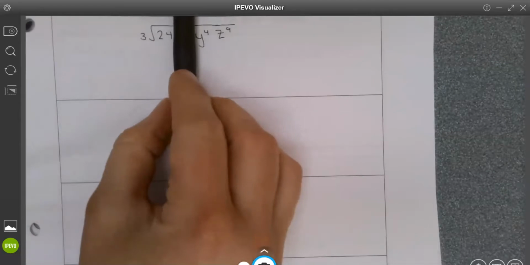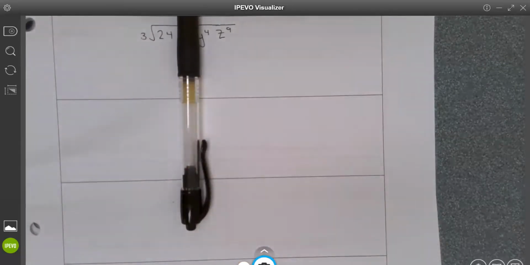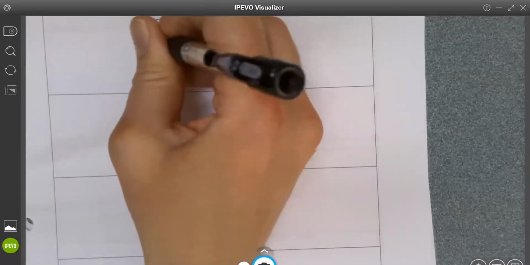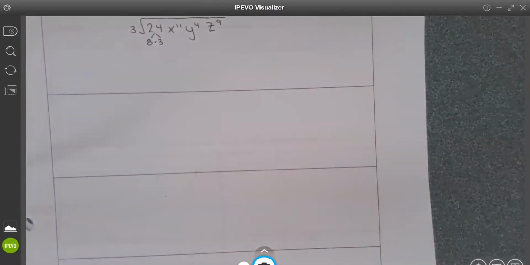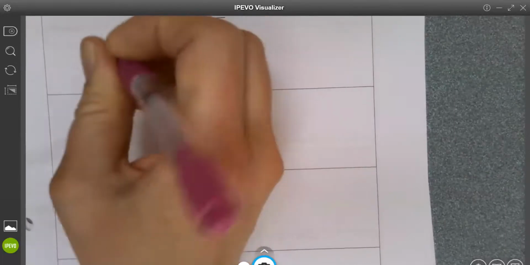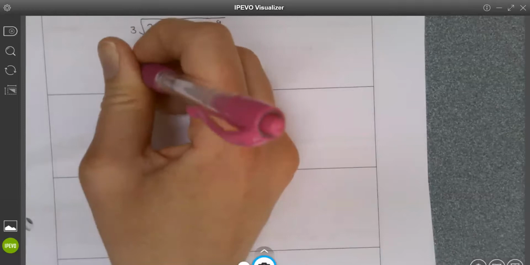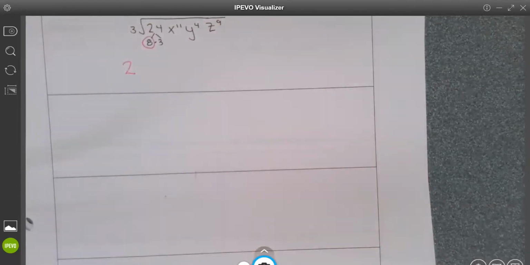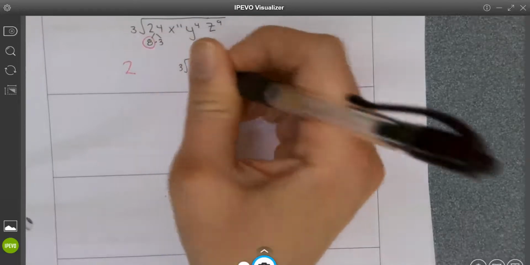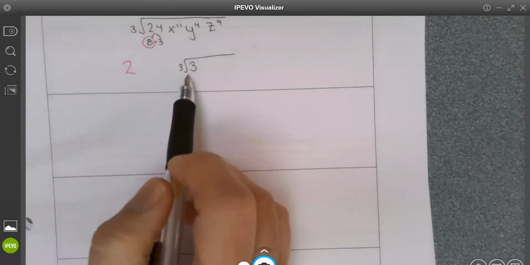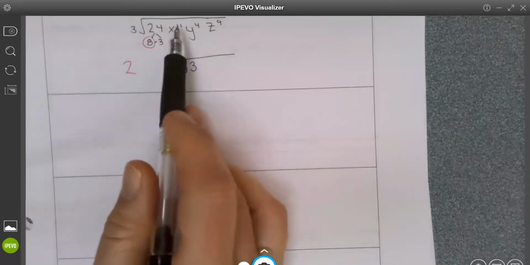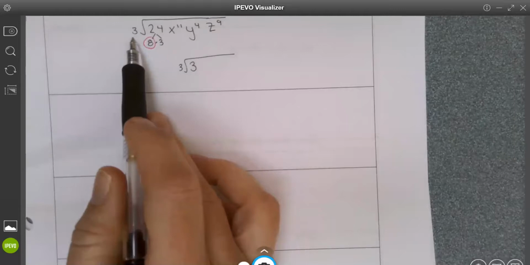So starting with 24, I can't take the cube root of 24, but I can break 24 into 8 times 3, which is helpful to me because 8 is a perfect cube. The cube root of 8 is 2, leaving me with this factor of 3 inside my radical. Exponent divided by index. 11 is not divisible by 3.